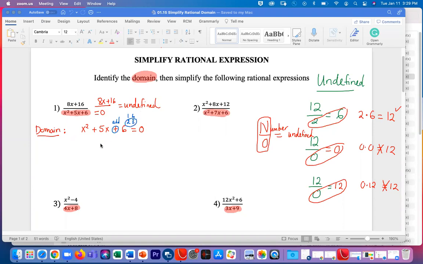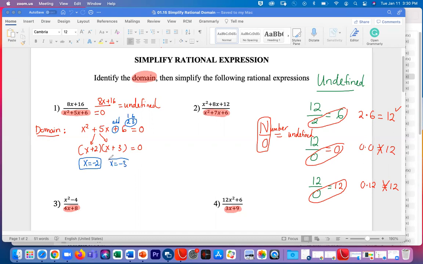I'm going to make two parentheses, with x and x. I know it's 2 and 3 because 2 plus 3 gives you 5, and the sign is plus and plus, the same as the sign in the middle. So the denominator equals 0 when, to see it easier, what number will make the plus 2 equal to 0? x equals -2, the opposite. -2 will break the 2. The opposite of plus 3 is x equals -3.